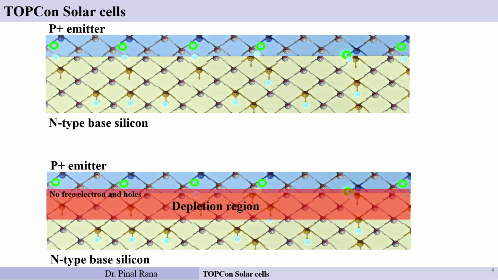Then why are we using N type silicon in TOPCon? Because N type silicon is relatively costlier than P type. However, this cost is compensated by the additional efficiency that is produced by the solar cell. That's why we are using N type silicon in TOPCon technology. The manufacturing of N-type silicon is costly.